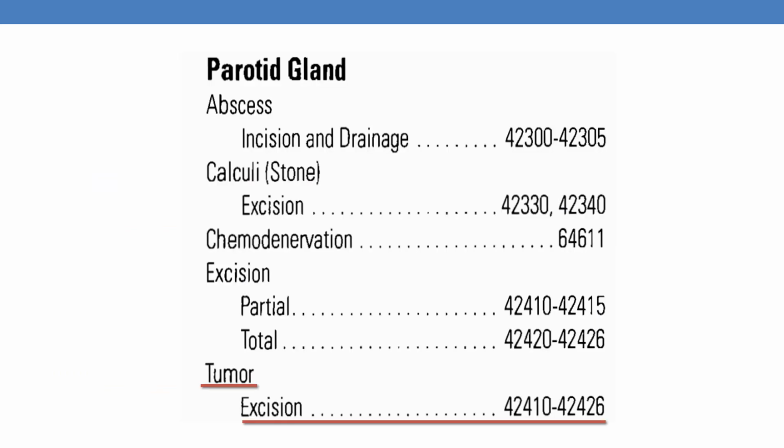In the CPT book, if you search for parotid gland, under parotid gland you can find tumor. Under tumor, you can find excision. So the CPTs that we must refer are 42410 to 42426, because here excision of the parotid gland is done in order to remove the tumor.